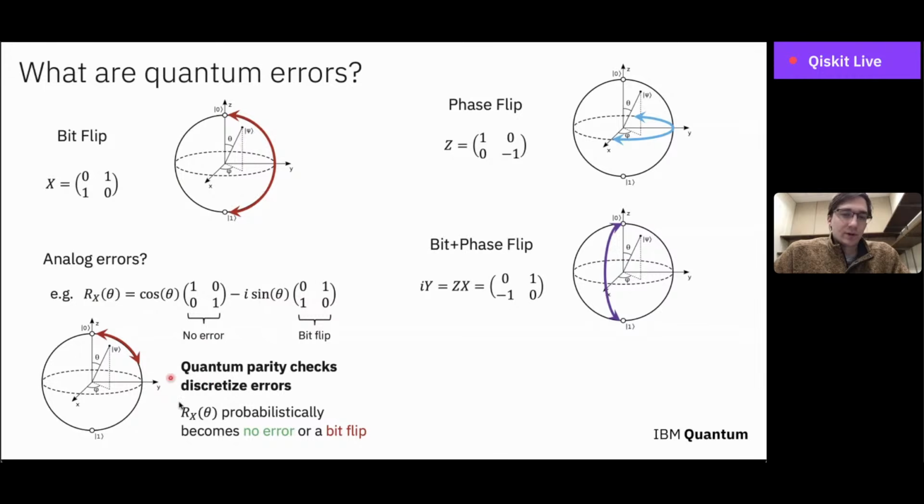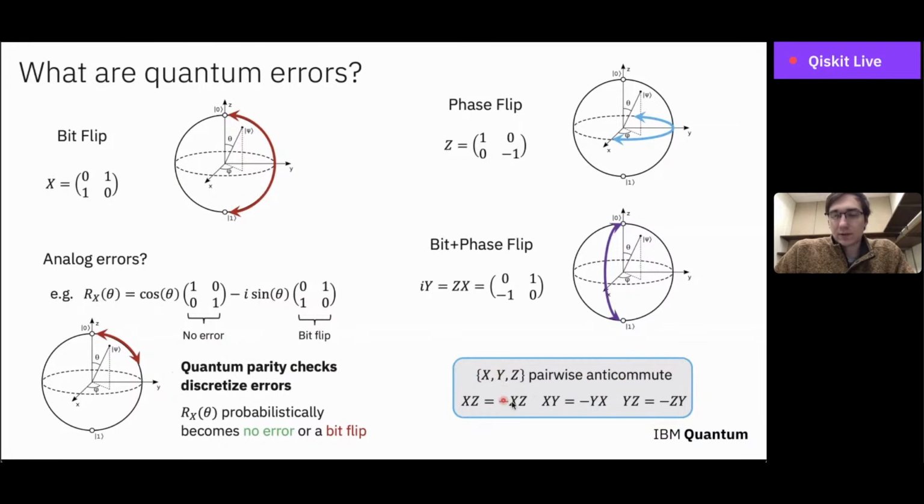But a key point of quantum error correction is that when we measure quantum parity checks, which I'll explain on the next slide, we discretize errors. So we project this analog error, this continuously parameterized error, into some combination of no error and a bit flip error. And then the bit flip error should hopefully be correctable because we're using a quantum error correcting code that can correct that.